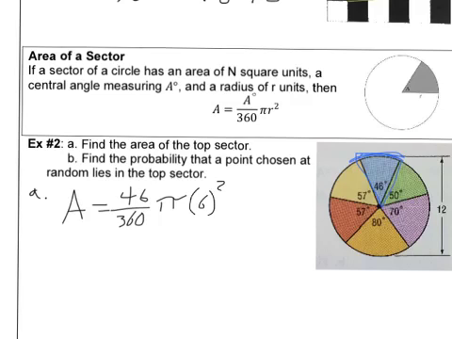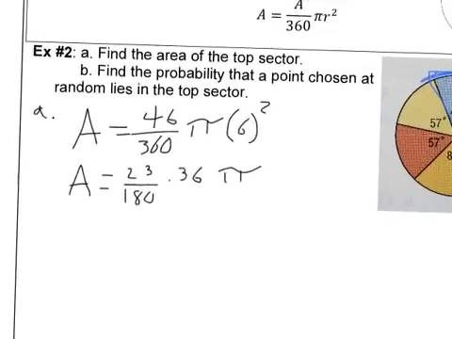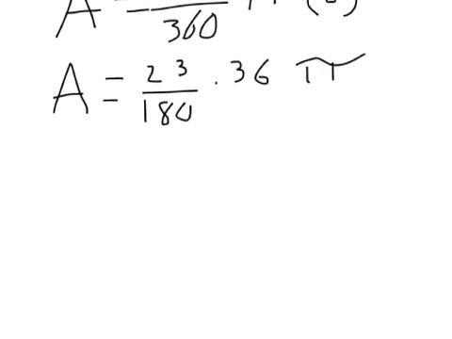Okay, well, we can work this out. We could take a 2 out of 46 and 360 and give me 23 out of 180. And 6 squared is 36. And then pi. Notice I flipped the order around of these two things because the number is supposed to go in the front. All right, well, let's work this out a little bit because I can actually take a 36 out of 36 and out of 180 because 36 goes into 180.